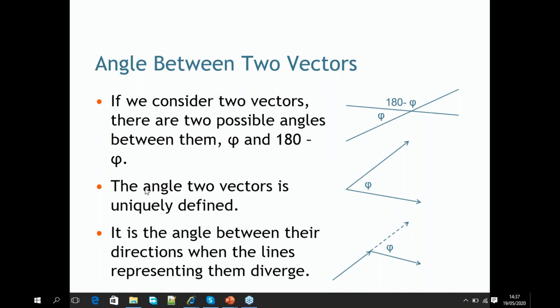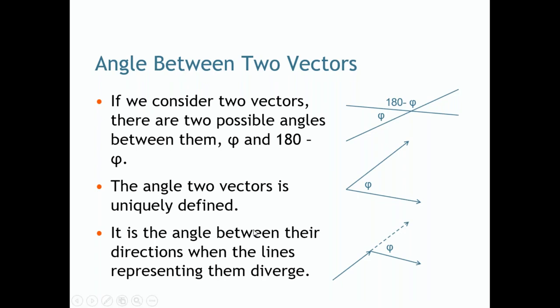And the angle between two vectors is uniquely defined. You can see that from where I have here. It is the angle between their directions when the lines representing them diverge. So you see the line between them diverging. This is what I mean by diverge.